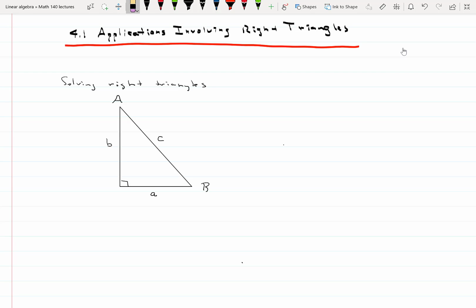We don't use capital C for the right angle because it's always a right angle. We really don't need to identify it with a letter.